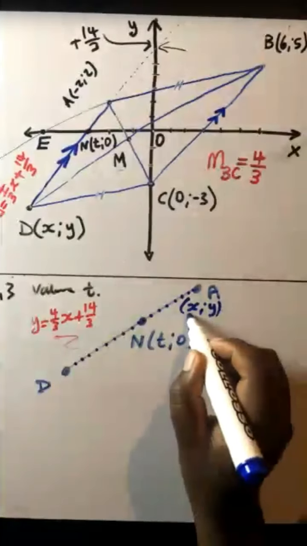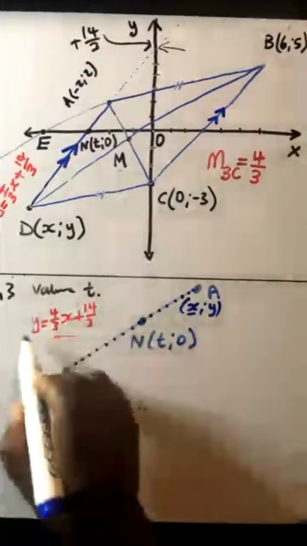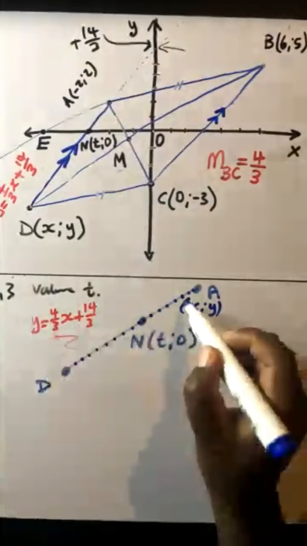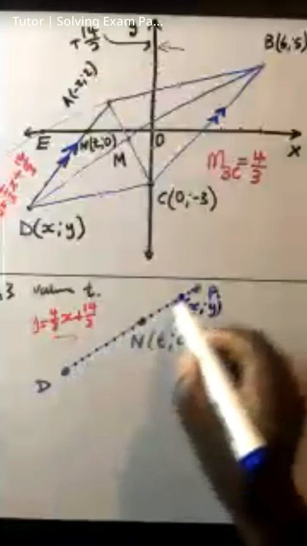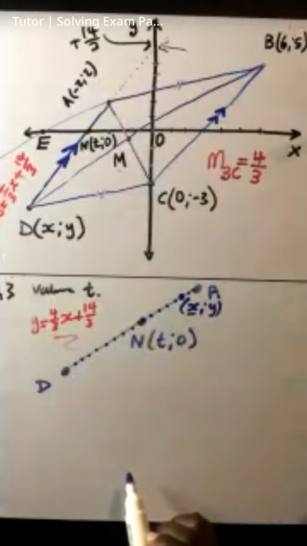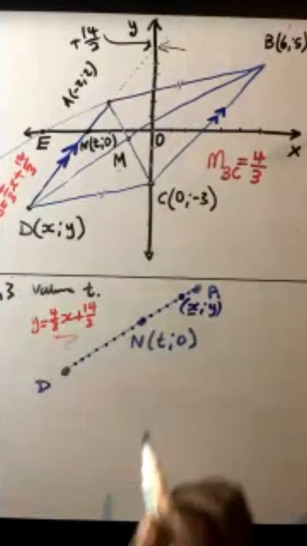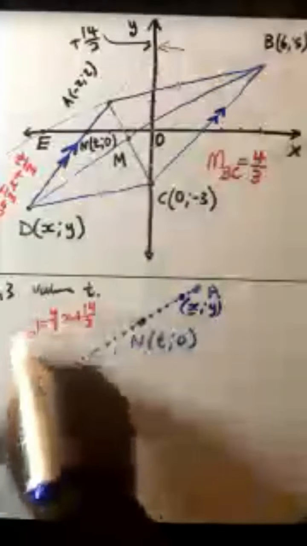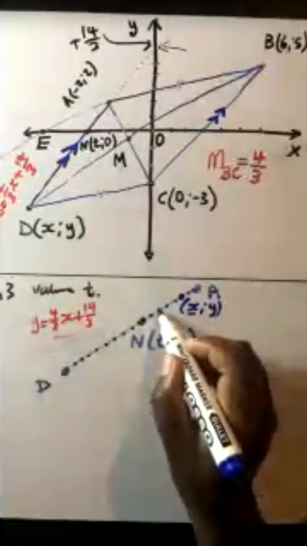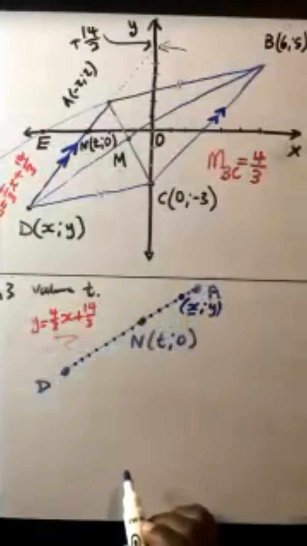If we want to know the x value, we can use that equation, because that point lies along that line. If we want to know the y value of that point, we use this formula, because that point lies along that line.